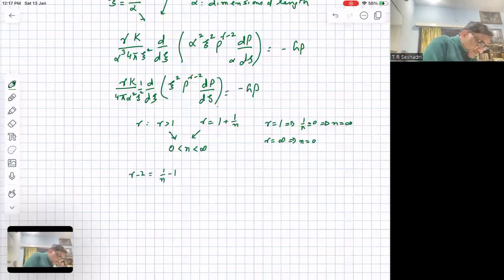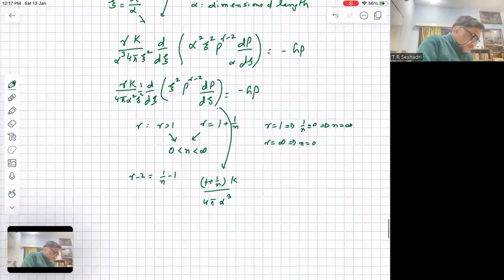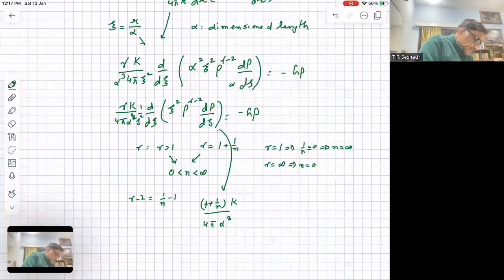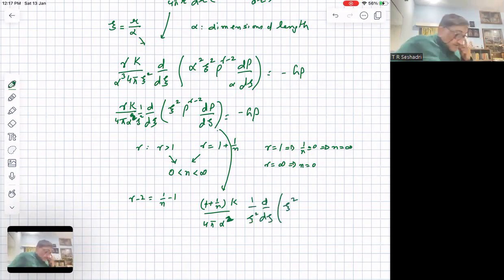And then I will rewrite this equation as 1 plus 1 by n into kappa divided by 4 pi alpha square, there was a mistake here, it's alpha square, 1 by xi square d by d xi of xi square rho to the power 1 by n minus 1 d rho by d xi is equal to minus 0.